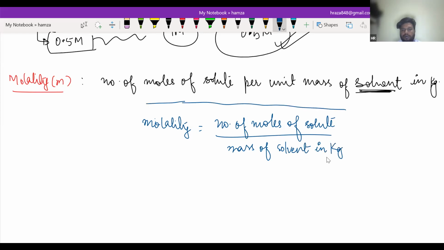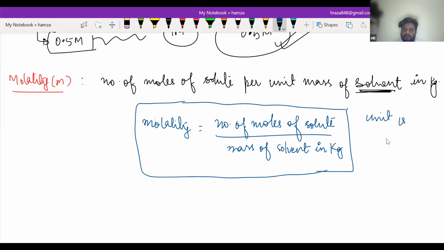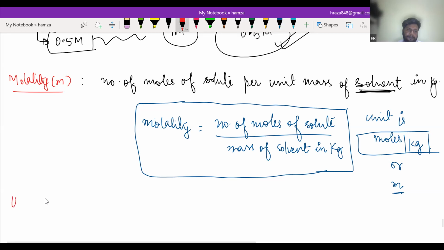Now we can also write its unit. Unit is moles per kg, or we also write small m. Please write it. Then I will give you a question on the same.